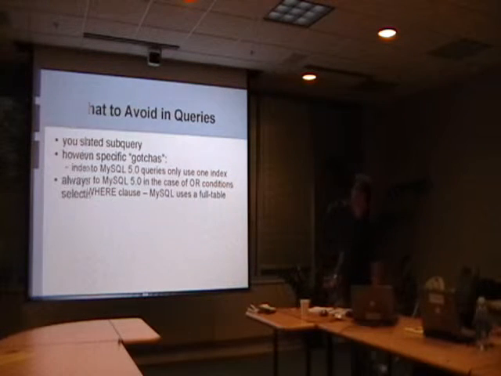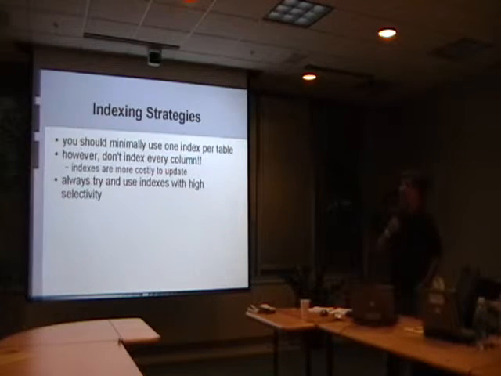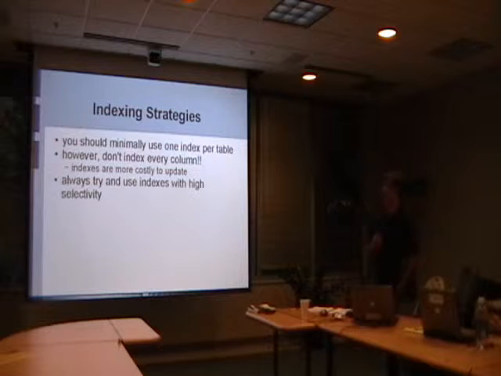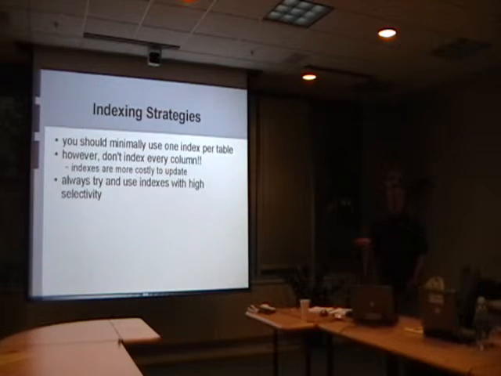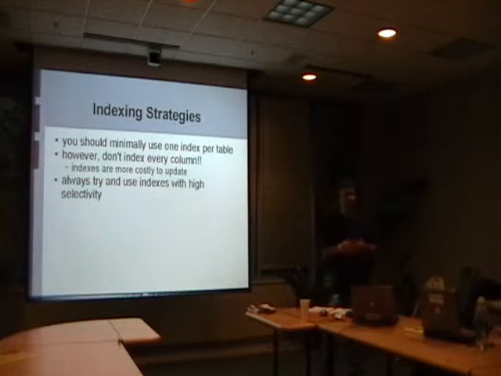Now, let's talk about some fun stuff, indexing strategies. First of all, you're going to minimally need to use one index per table. That's almost written in stone. I don't want to say it is, but it's really very close. Okay? You almost never want to index every column. Why is that? Indexes actually cost.